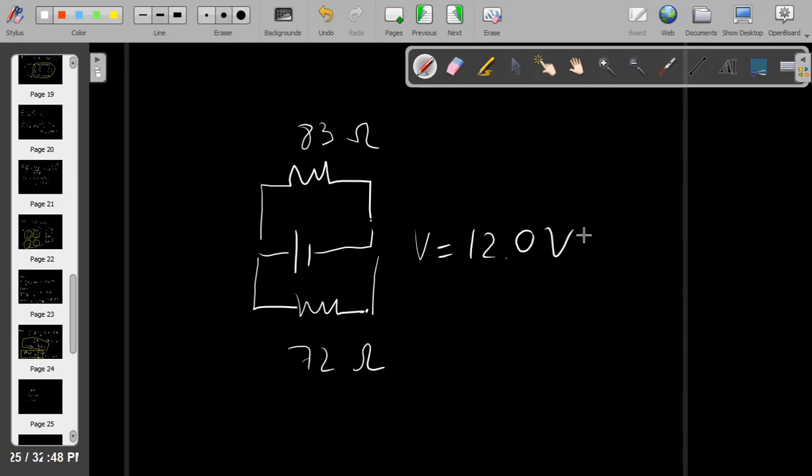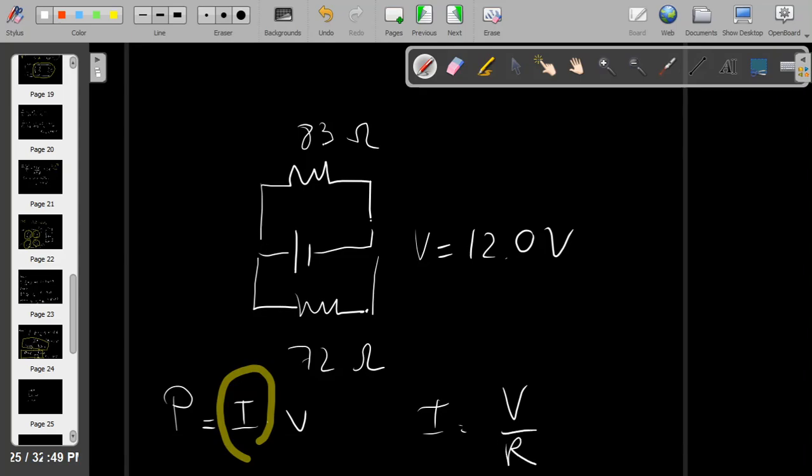So you can now finish finding the resistance, because if you want to calculate your power, you know that you need your current times your voltage, and you are missing your current. So to find that current, you needed to have your voltage divided by your resistance for the whole circuit. That's why we have been calculating that resistance.